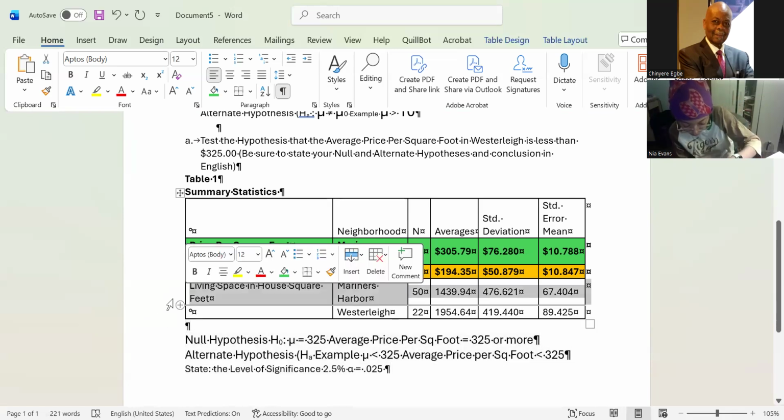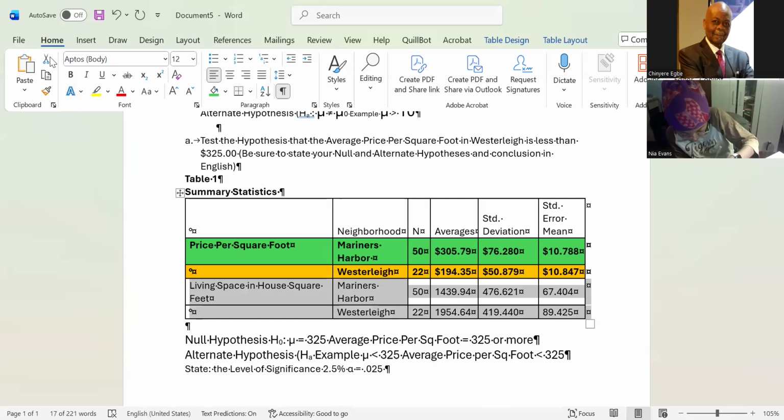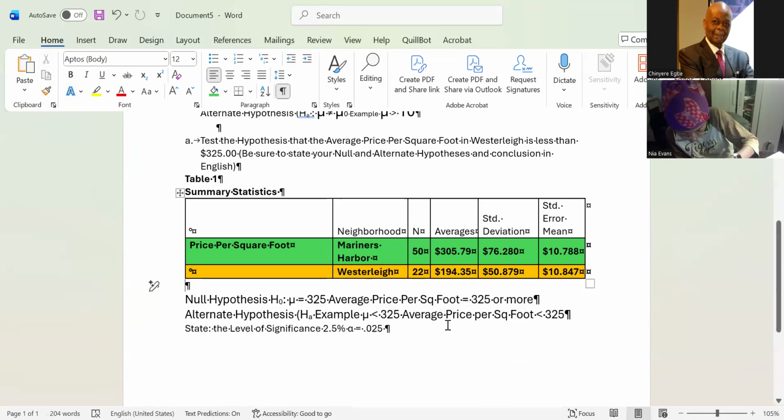I'm going to create space here. The level of significance tells us that there is a 2.5% probability that we could be wrong.